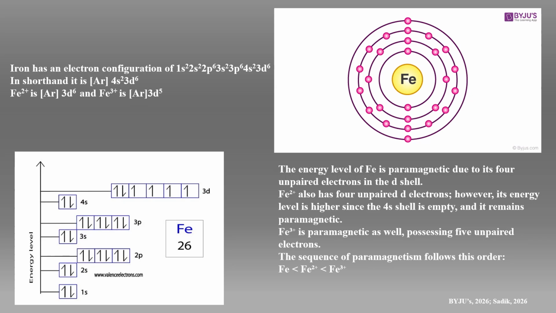So the sequence of paramagnetism follows this order. Iron in its ground state has less magnetic quality than the ferrous iron, which has less magnetic quality than the ferric iron. So the ferric iron has the most magnetic quality of the 3.